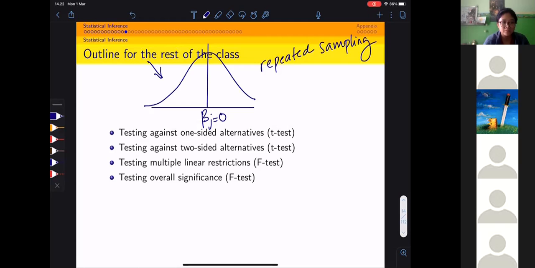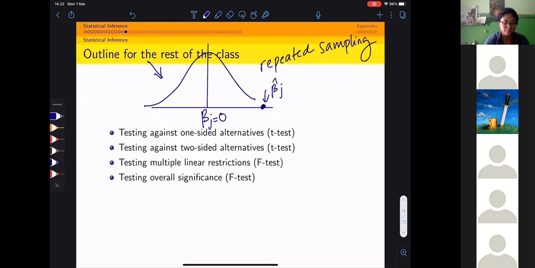Now, given the distribution, how likely is it that, given a sample, we get an estimate right here? Why do I use likely? Because it's all about probability. It's a random sample, a random variable.